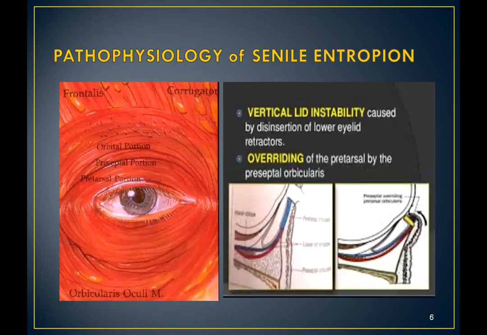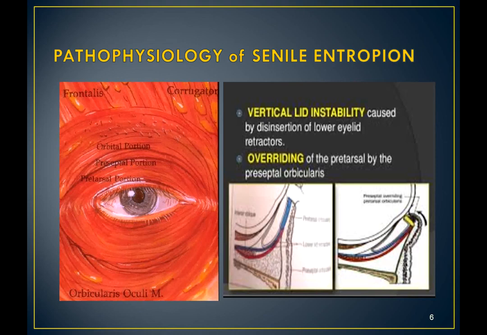Now on the left part of this picture, I have shown you the anatomy of the eyelids after removing the skin from it. Underneath you are seeing the orbicularis oculi muscle, the one nearest to the lid margin. In front of tarsal plate is pre-tarsal. A bit away, above or in front of orbital septum is pre-septal, and then the orbital portion is far away.